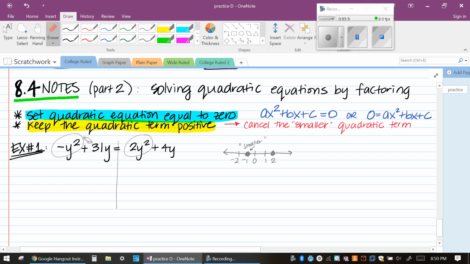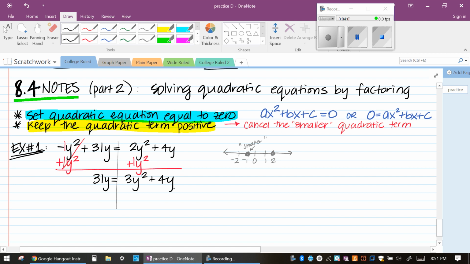So if you have quadratics on both sides of the equal sign, you're going to move the smaller one, cancel it. Since it's a negative y squared, I'm going to cancel with a positive y squared. I'm going to do the same thing to the other side. Feel free to put a 1 in front of a y squared. Bring everything else down, combine like terms on the right side.